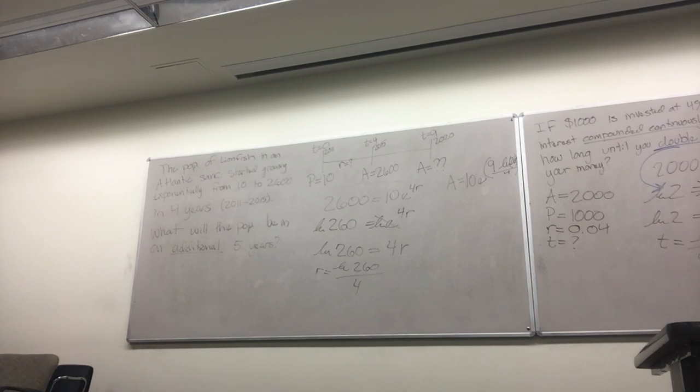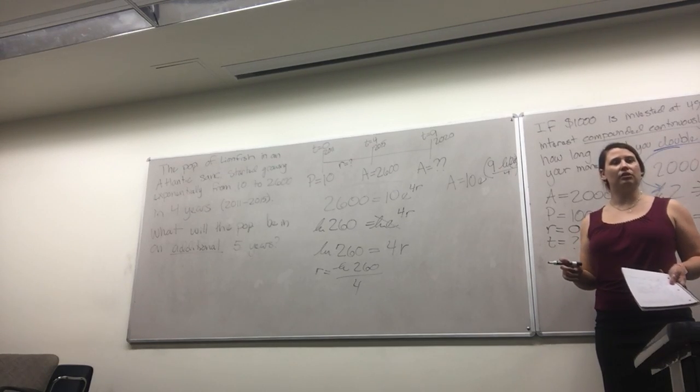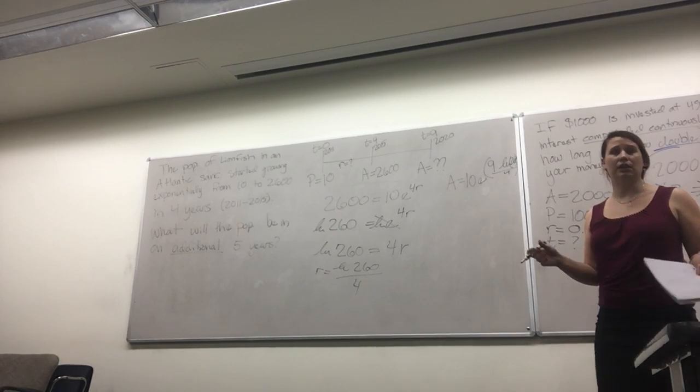If you keep it in your calculator and use it within the next calculation, totally go for it. But don't write it down and then use that approximation, because they usually will pick numbers in such a way that it will round wrong if you do that.